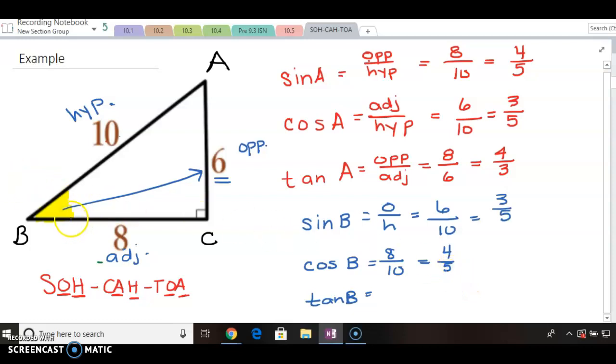And my tangent of angle B is opposite over adjacent. So the opposite of angle B is 6, adjacent to angle B is 8, which reduces to 3/4. Okay, and this is exactly how your homework's going to be.